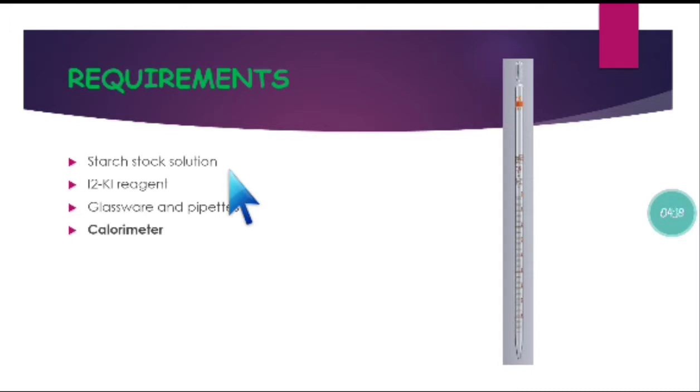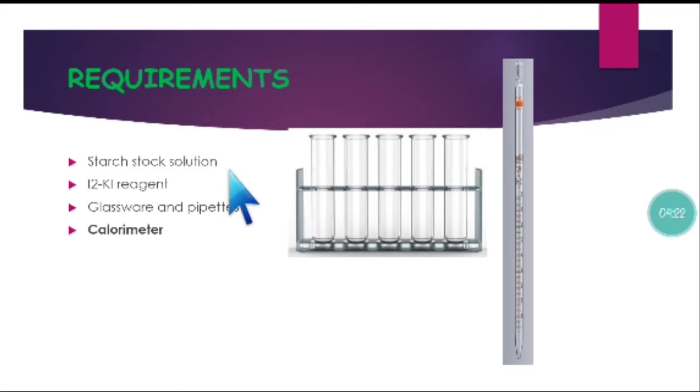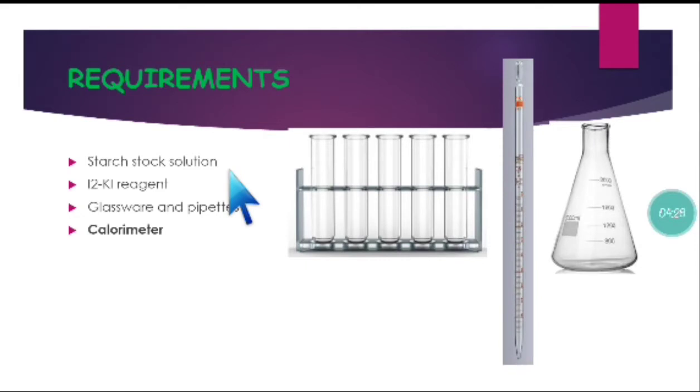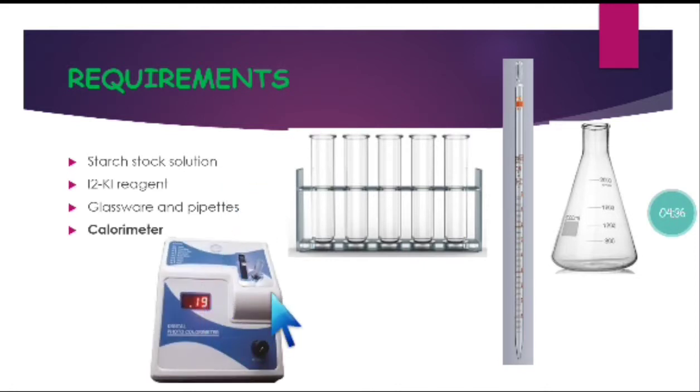The glasswares include test tube racks, pipettes, conical flasks, beakers, measuring cylinders, and all these things are required in this experiment. And also a digital photocalorimeter for taking the absorbance reading.